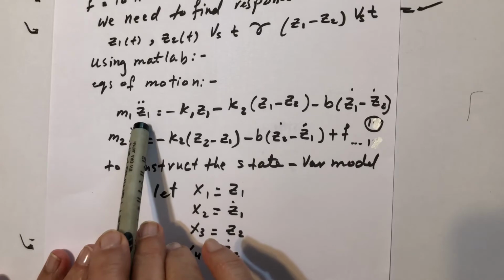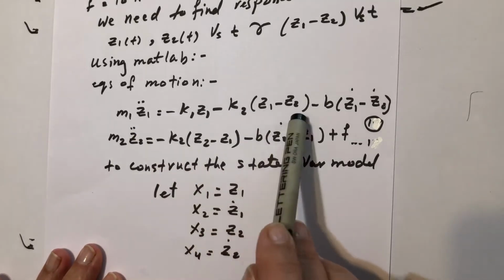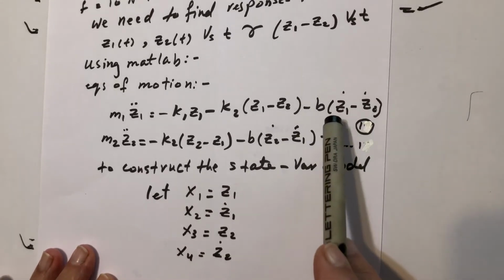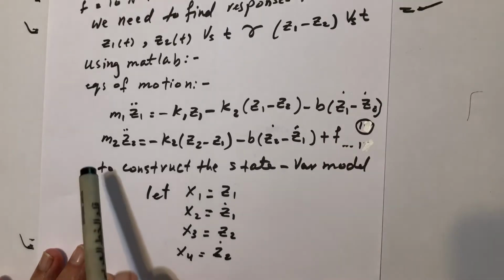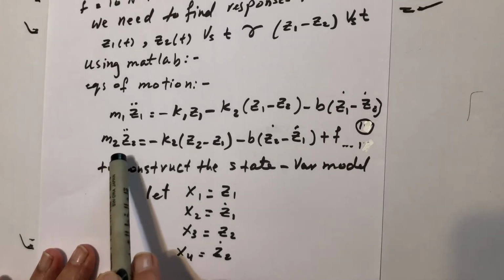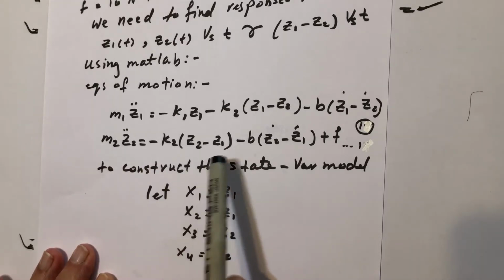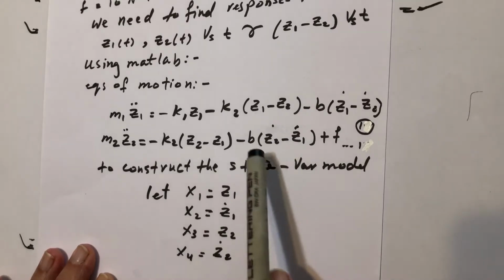M1 Z1 double dot equals minus K1 Z1 minus K2 (Z1 minus Z2) minus B (Z1 dot minus Z2 dot). And the other equation: M2 Z2 double dot equals minus K2 (Z2 minus Z1) minus B (Z2 dot minus Z1 dot) plus F.